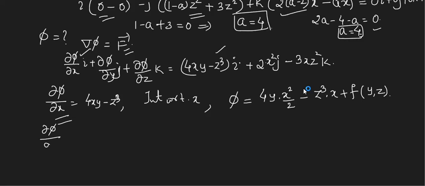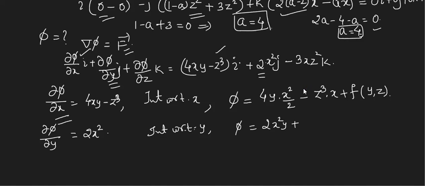Similarly, equate the j coefficients. This is equal to this. What is to be done here? 2x square y. Integrate 2x square with respect to y, plus g of x comma z.